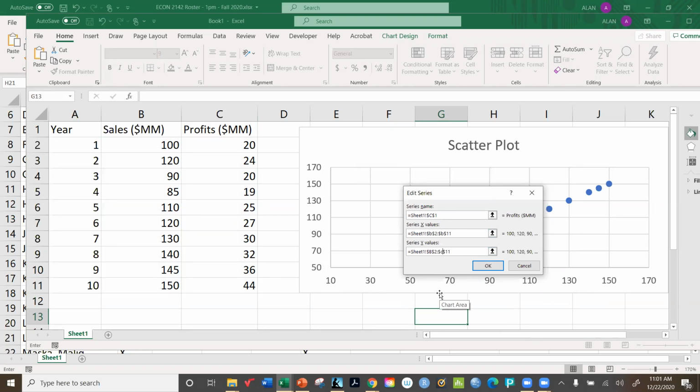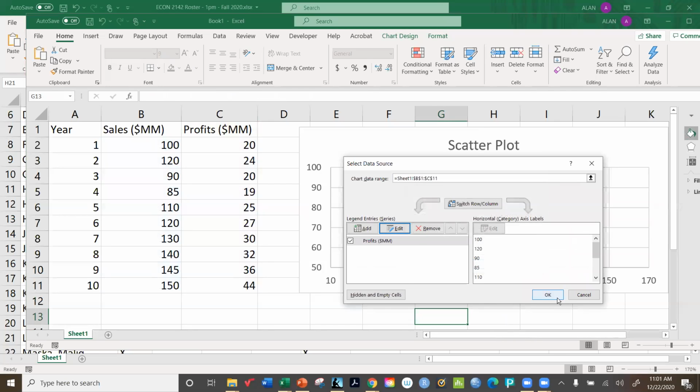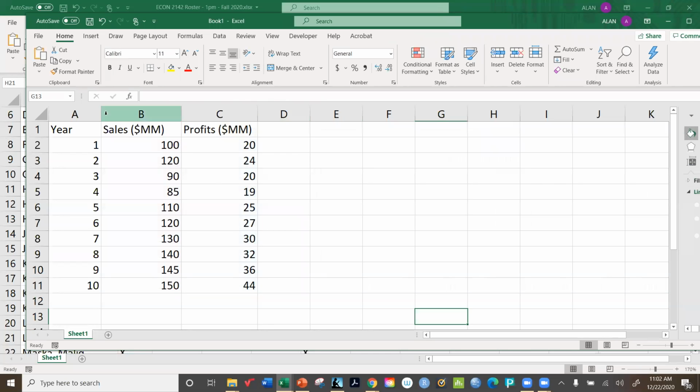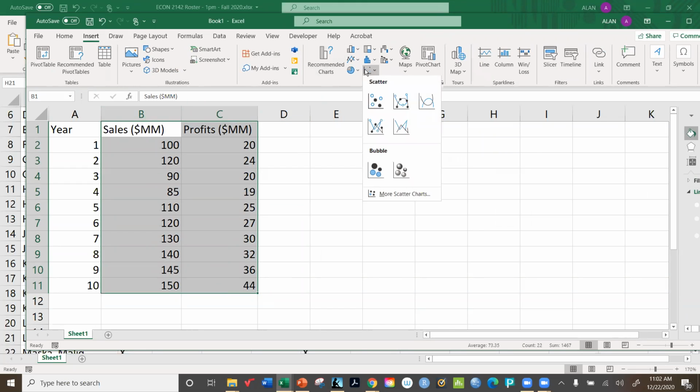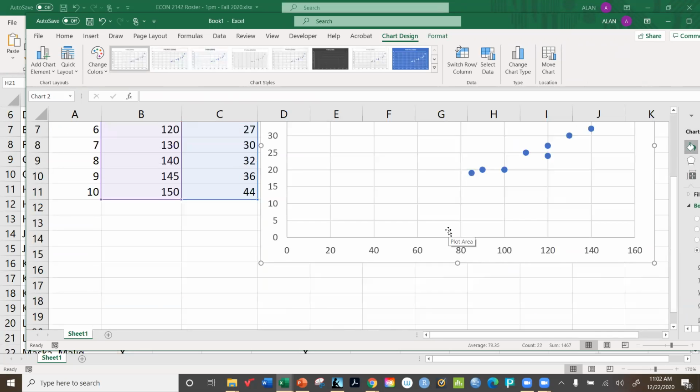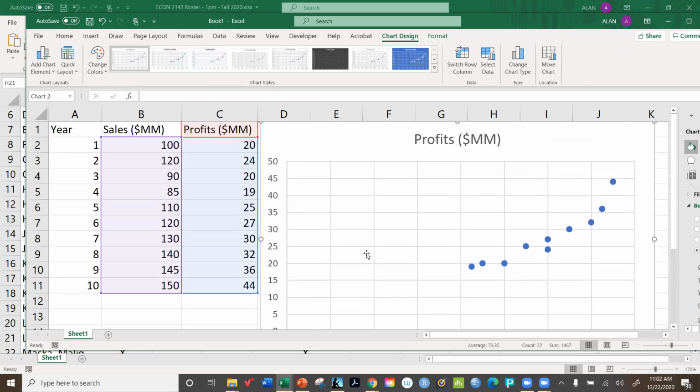Let me fix it. Oh, Jesus, I've really screwed this thing up. Hold on. Let me start it all over again. All right, okay, that's got to be it. Okay, we're good. All right, I'm just going to tidy it up one more time.